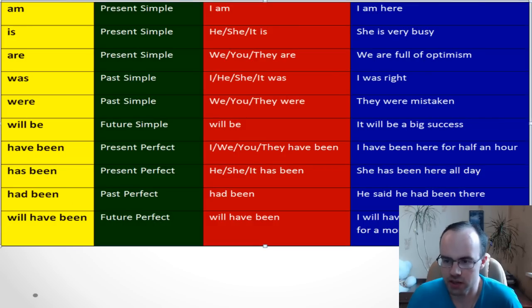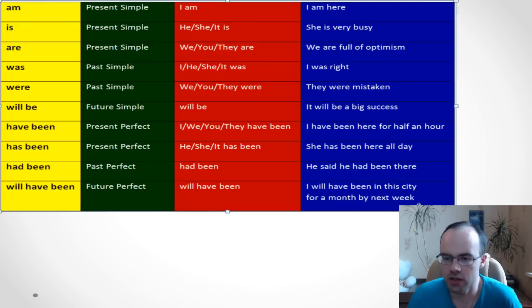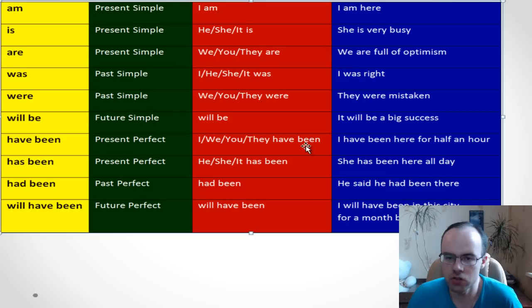Look at this example. So I will have been in the city for a month by next week. So you can say, for example, I will have been staying in this city for a month by next week. It's also possible. So will have been plus verb plus ing, future perfect continuous. Okay, my friends, I think it's a very good example.